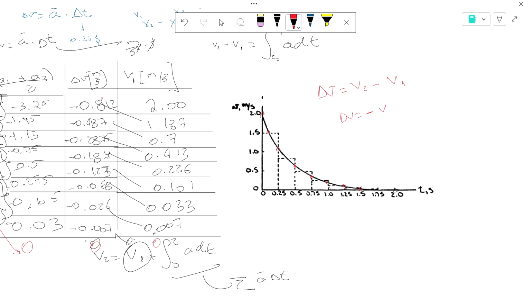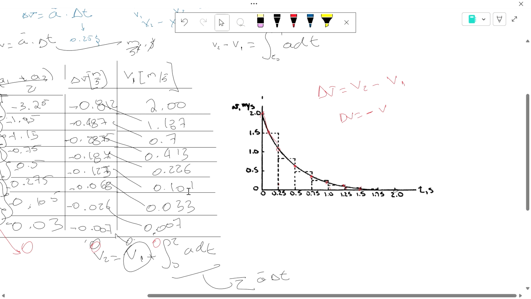That's why this negative value is here. Now this is positive and decreasing because the velocity is decreasing positively. So you're going from 60 miles per hour to 0. Remember, velocity is a vector with a direction. So you're losing velocity. You have a negative sign because the magnitude is decreasing. Even though the numbers are positive, the velocity is decreasing. That's why your delta is negative, but your velocities are positive. Okay, so that is pretty much how you find the velocity.